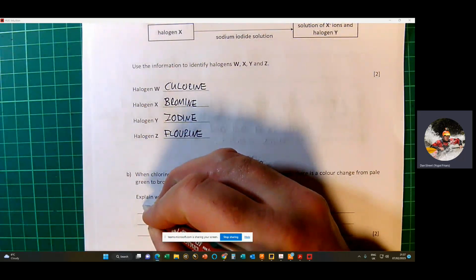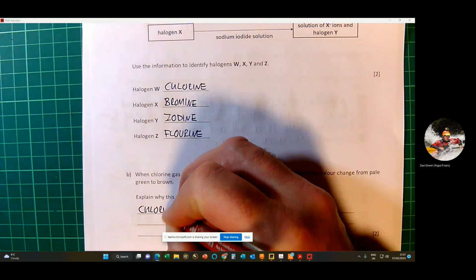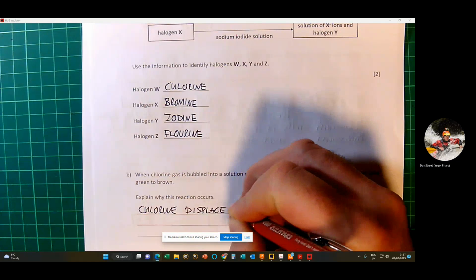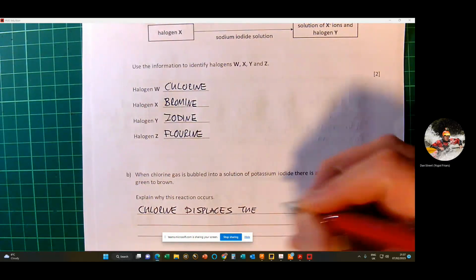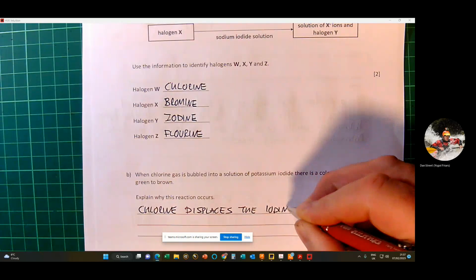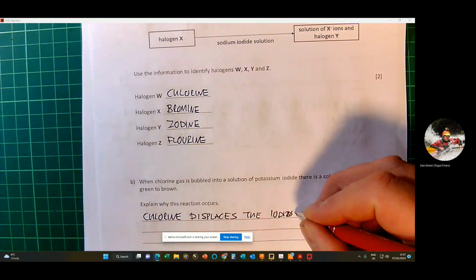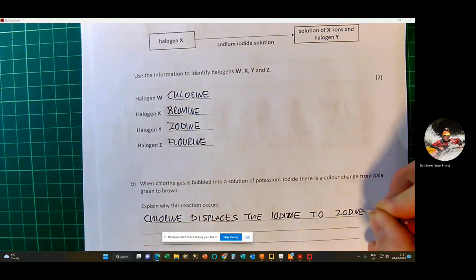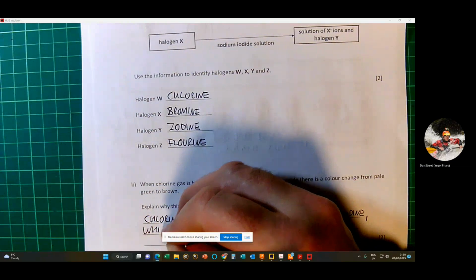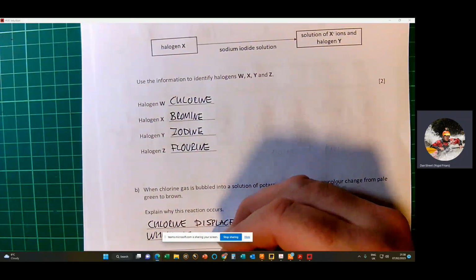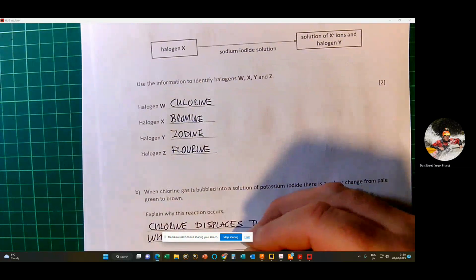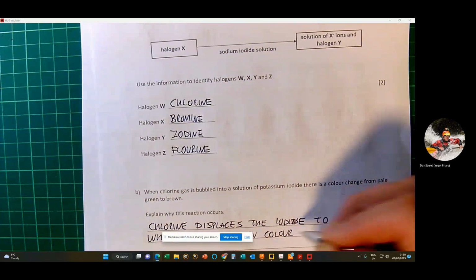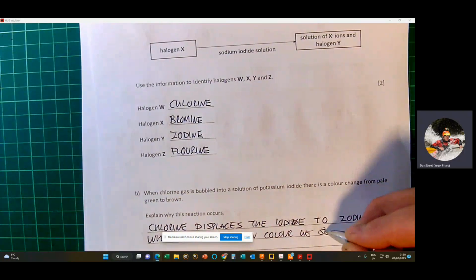So we could say that chlorine displaces the iodide to iodine, which is the brown colour we see.